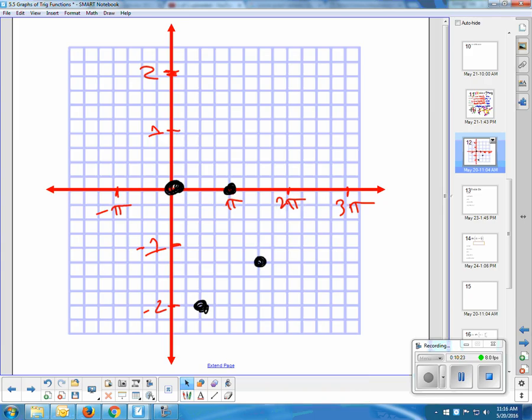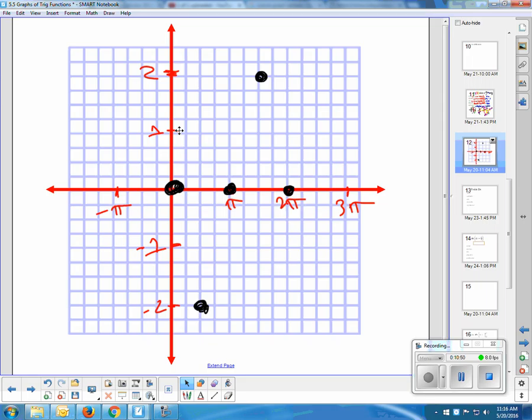That point would vertically get stretched and then reflected to 3 pi over 2 comma 2. And then the end of the first period would be 2 pi comma 0. The vertical reflection and the vertical stretch do not have an effect on that. And this would give me 1 period's worth of graph.